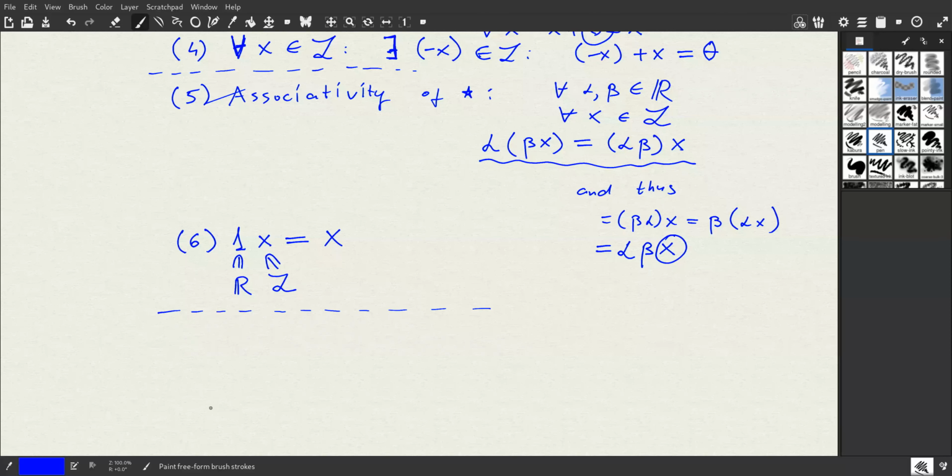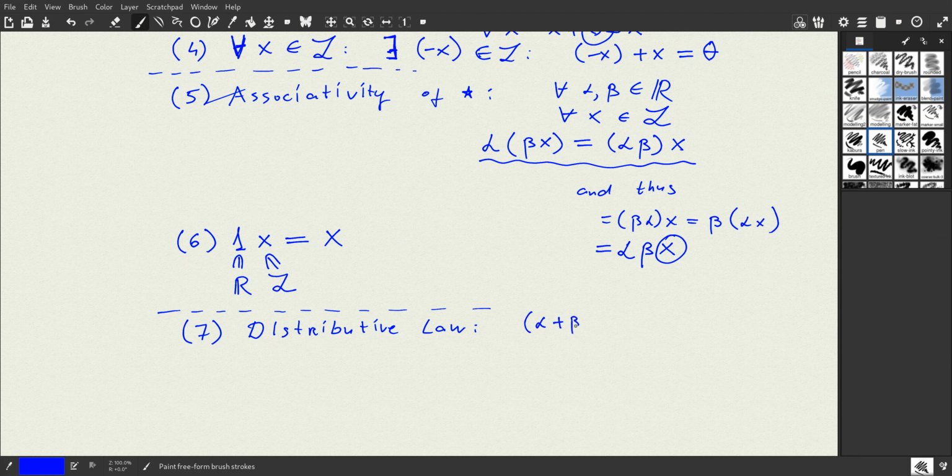And finally, we have two axioms which connect multiplication and addition together. So the seventh axiom is a distribution with respect to coefficients, real number coefficients. So this is the first distributive law. Again, this doesn't follow from anything else.